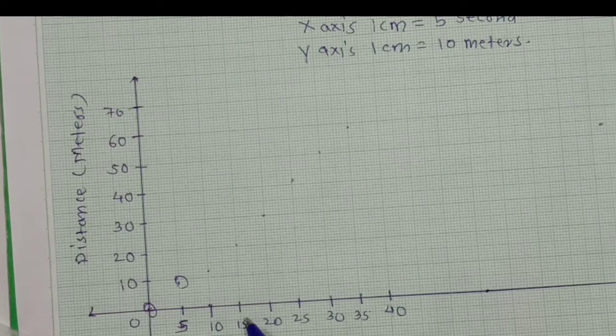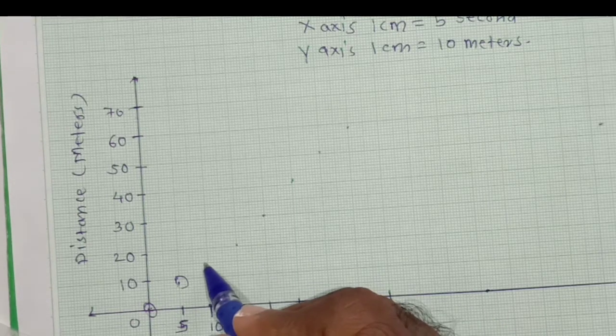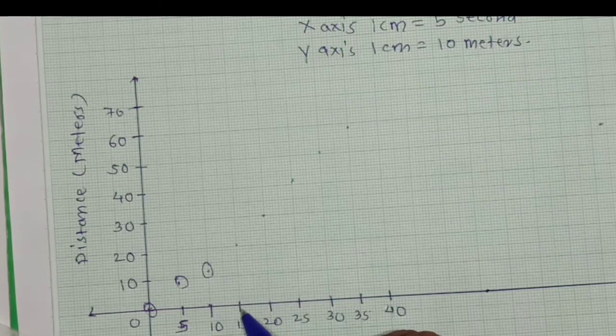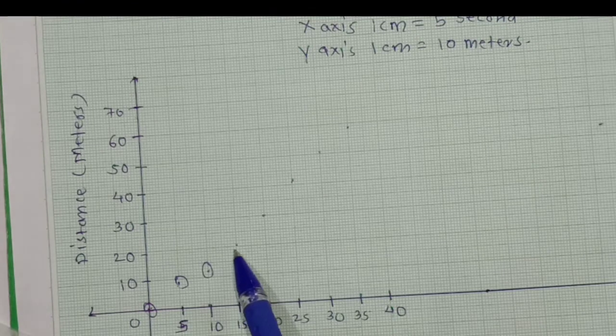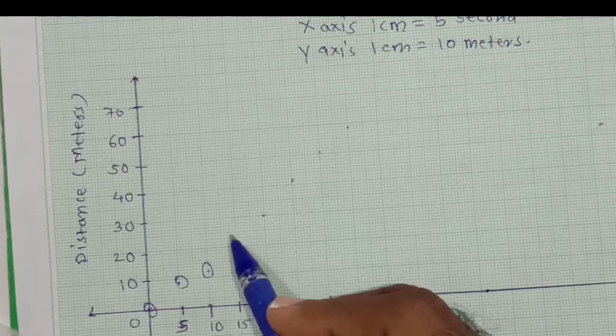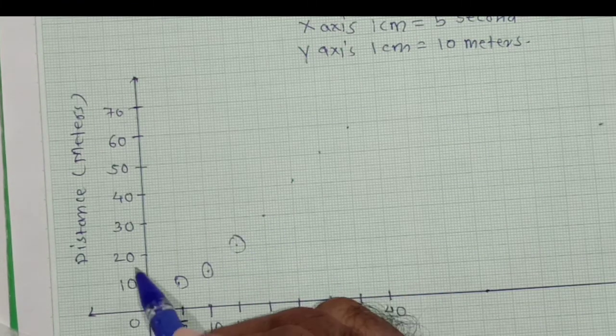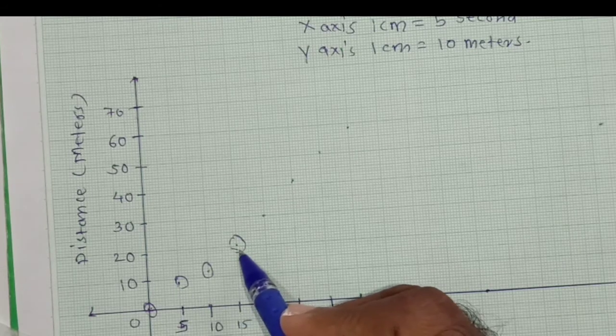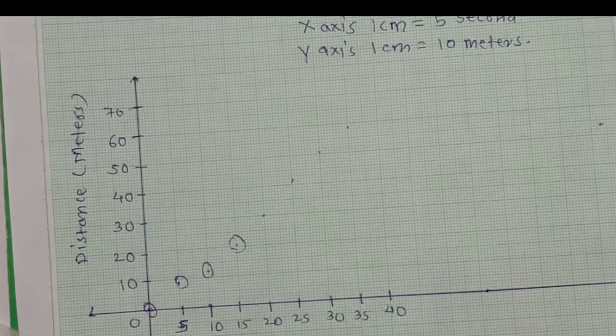Third point, time is 10 second on x-axis and distance is 12 meter on y-axis. Here is our third point. Then fourth point, time is 15 second on x-axis. Then distance is 20 meters on y-axis. So this is our fourth point.